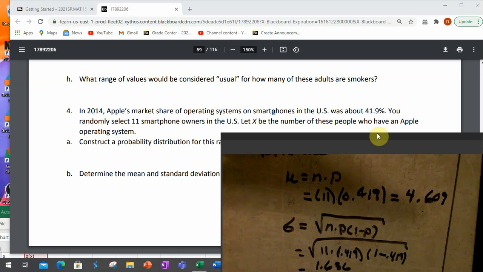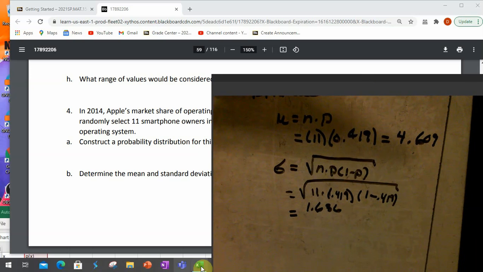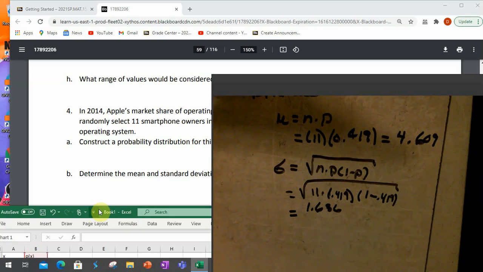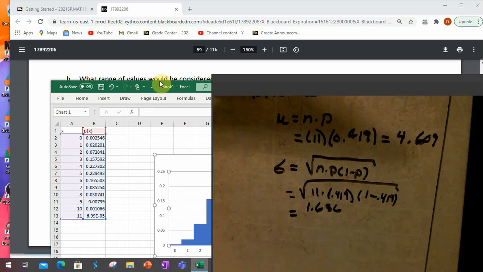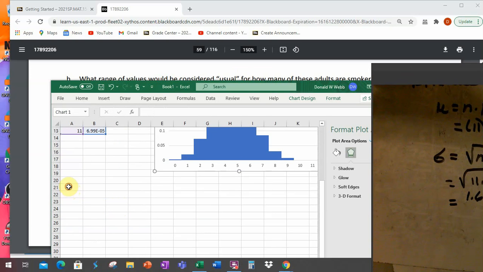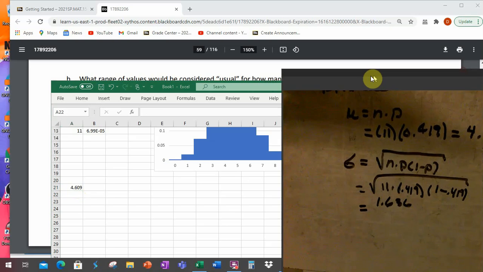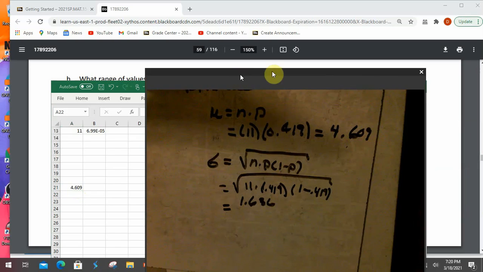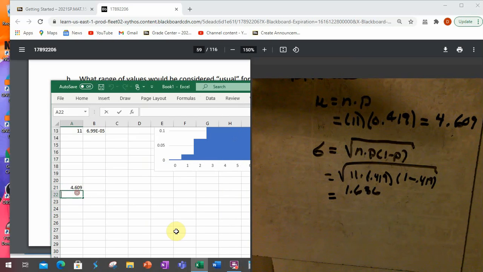So you can do that inside Excel. Equals 11 times 0.419, which is the 4.609, and then I would do equals, to do that square root, SQRT.